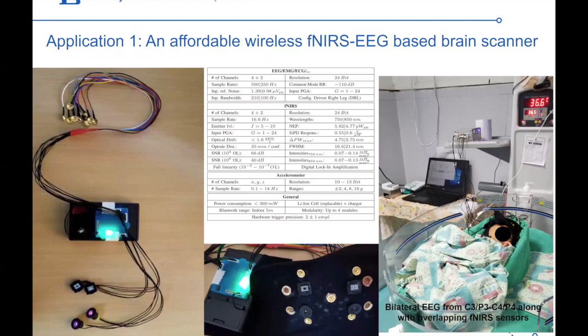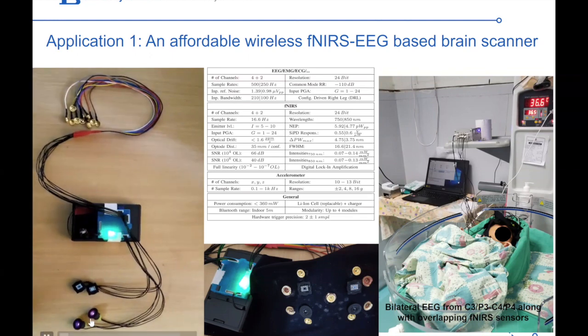So this is the hardware that we used. It's a low-cost hardware that we developed for India. You can simultaneously measure the near-infrared spectroscopy signal, which uses two LEDs and two photodiodes, and then we have electrodes for EEG, as you can see in the video here.